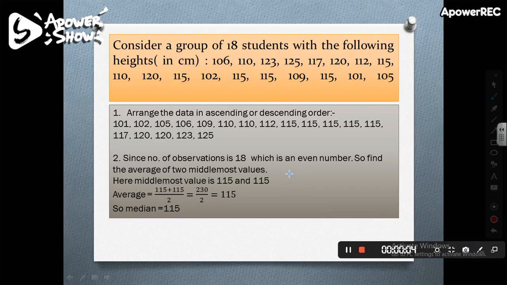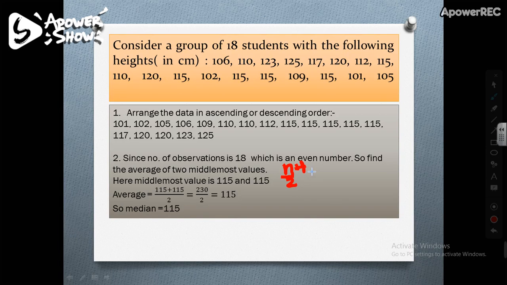You can also find the middlemost value by using a formula, which is the average of the n by 2th observation and the n by 2 plus 1th observation.